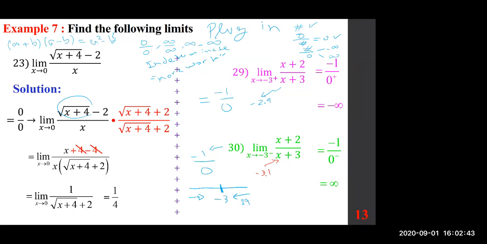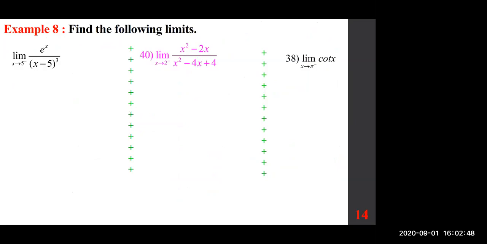Okay? Let's look at another example. Let's look at this case again, similar to the previous one. The denominator is 0. By the way, the top is, class, e to the power of 5, or e to the power of 4.9, or e to the power of 5.1, makes no difference. The top is a positive number. The bottom is approaching 0 to the third power. But is this 0 from the left or right? Remember, x is approaching 5 from the left.